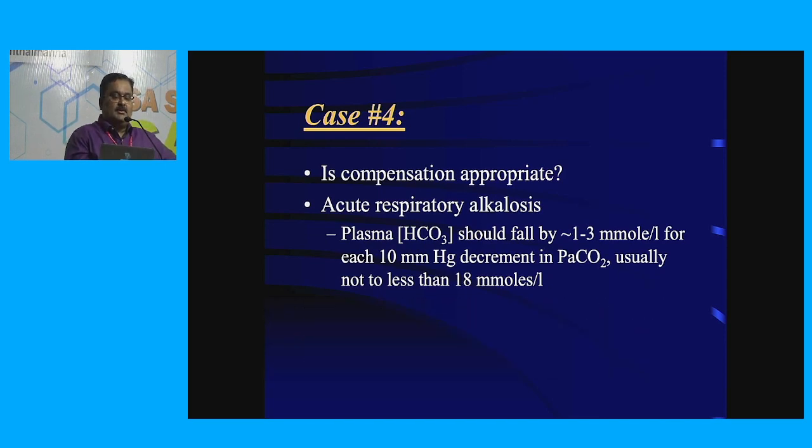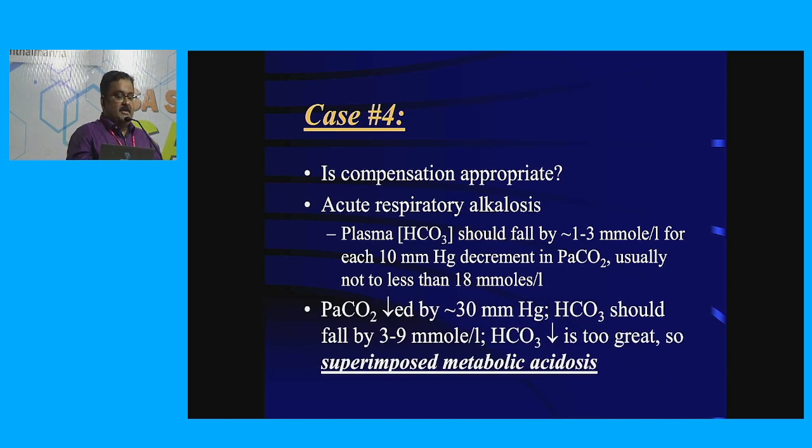So here, how much was the PaCO2? 12. How much do you expect in acute respiratory alkalosis? 40. The PaCO2 should have decreased, and the bicarbonate should have decreased by a corresponding amount.